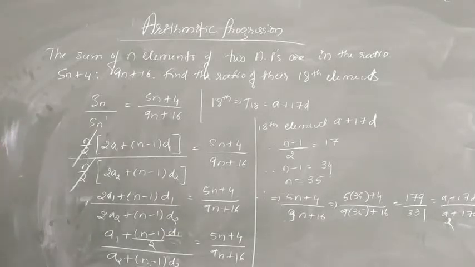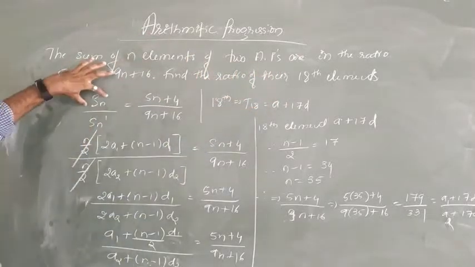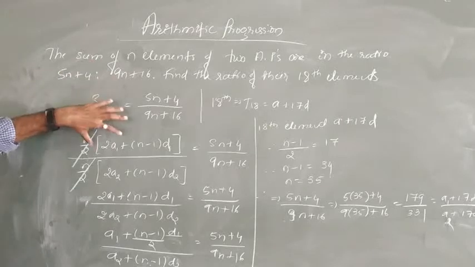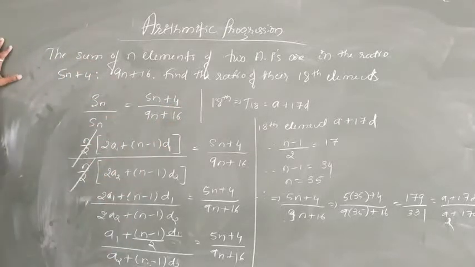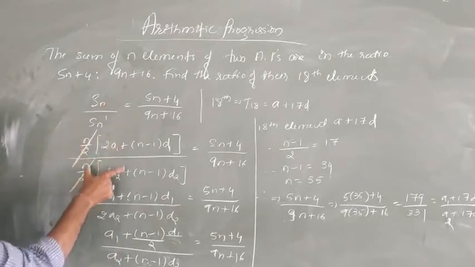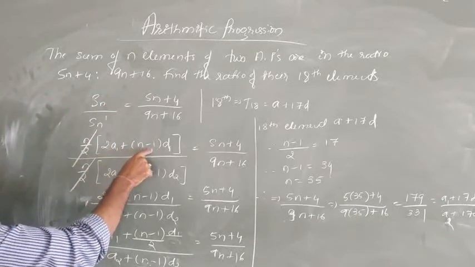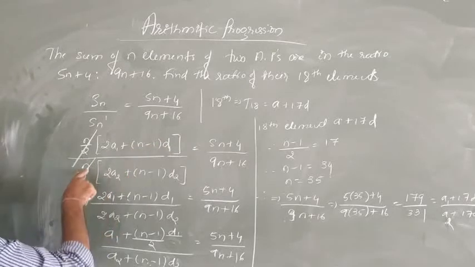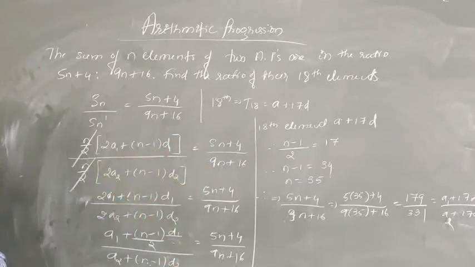So this example is very simple. We have the sums of n elements of two APs, that is Sn divided by Sn dash. They have given the ratio 5n plus 4 divided by 9n plus 16. So I have written the formula, n by 2 into (2a1 plus (n minus 1) d1) and n by 2 into (2a2 plus (n minus 1) d2), equal to 5n plus 4 over 9n plus 16. N by 2 gets cancelled.